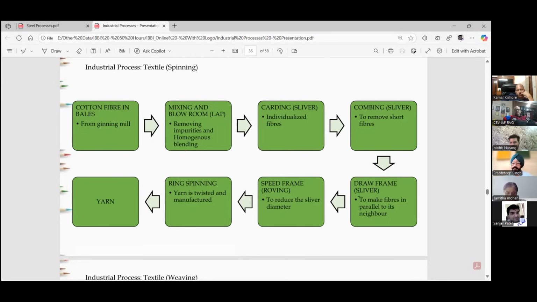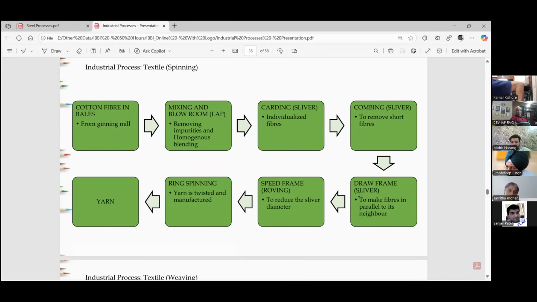What is the function of the draw frame? From the carding machine, we are getting the sliver. It is of large diameter and it has no strength. Then in the drawing frame, we are keeping the cotton slivers parallel to each other. Meaning 10-12 slivers are mixed to produce one yarn.